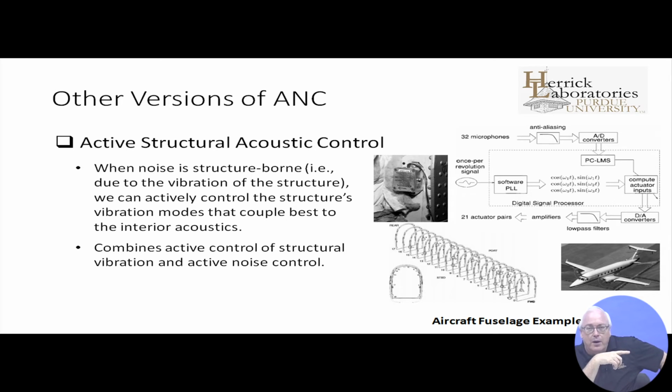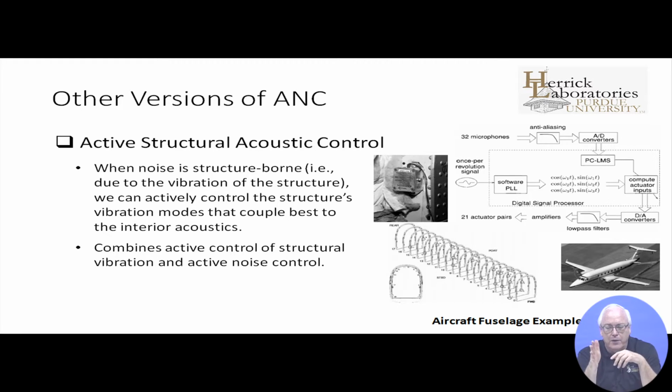And this is an approach that's very similar to what I was talking about with the flow control earlier on, in the sense that in an aircraft application, the sound from the propellers causes vibration of the fuselage of the aircraft, and then that radiates sound into the interior, right? So the first approach described earlier on was to use loudspeakers in the interior of the aircraft to control the sound field that was inside the aircraft.